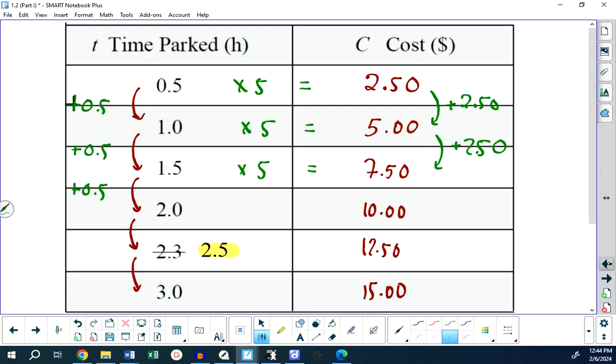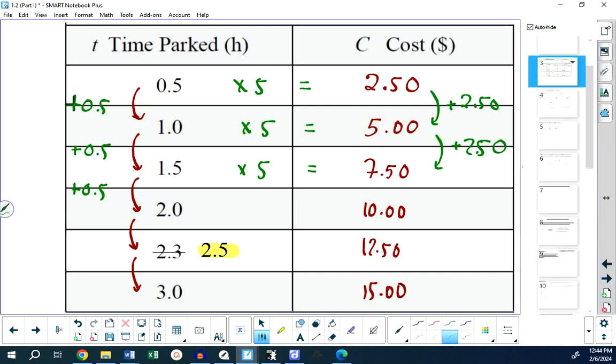Take a minute and run down the list and just check to see if you multiply all those times by 5, do you get all those costs? It works.